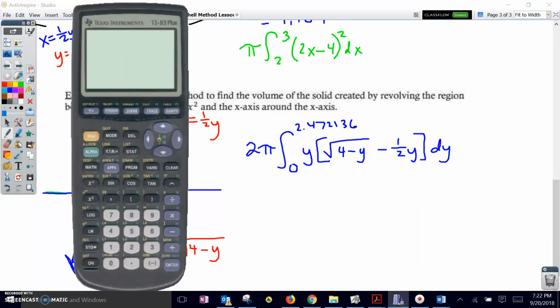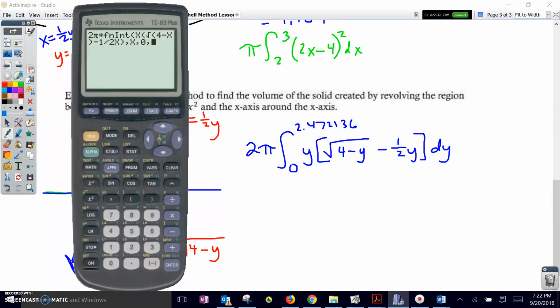Let's go ahead and calculate this. We've got 2 pi times the integral of y times quantity square root of 4 minus y, close the square root, minus 1/2 y, close the bracket, with respect to y.